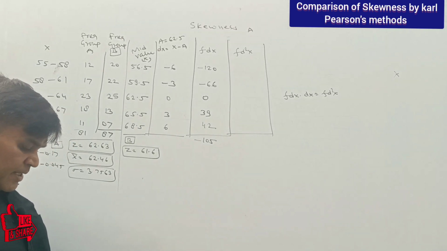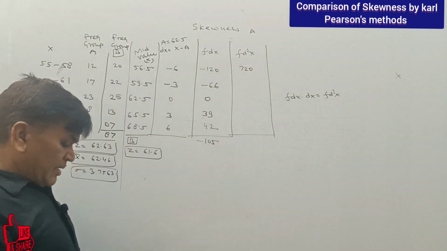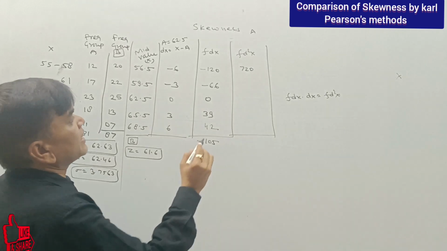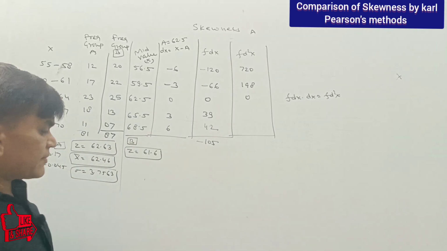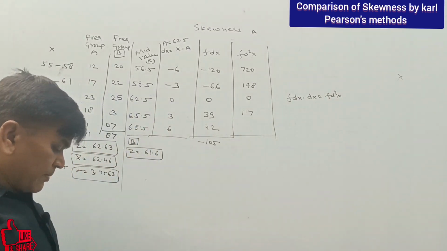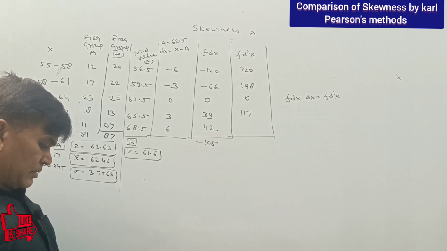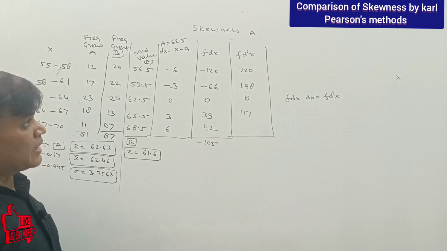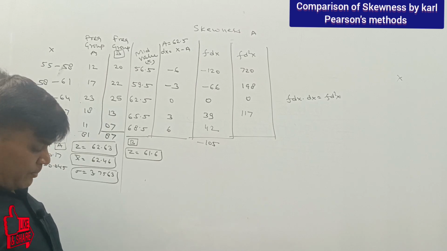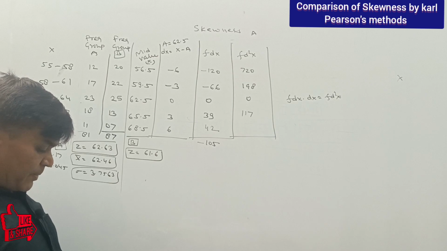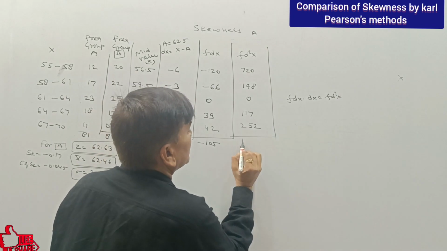So we multiply dx to each fdx. 6 multiplied by 120 is 720, plus 3 multiplied by 66 is 198, 39 multiplied by 3 is 117, and 6 multiplied by 42 is 252. Adding 720 plus 198 plus 117 plus 252, the addition is 1287.